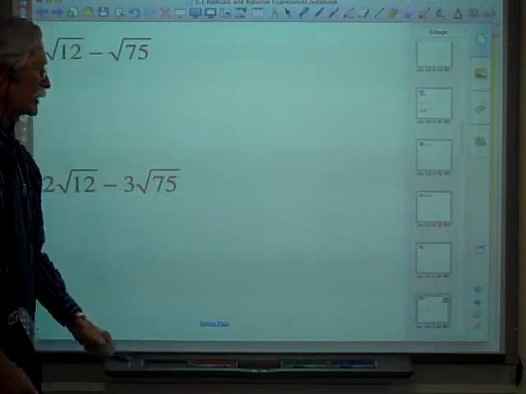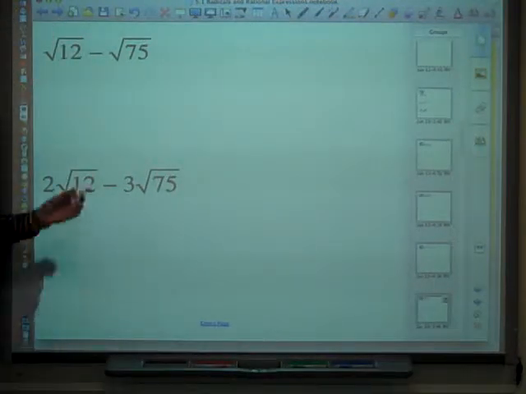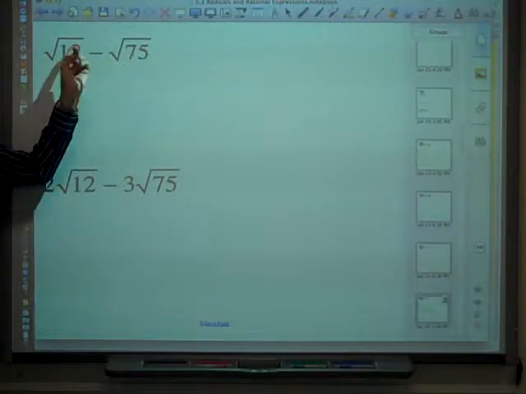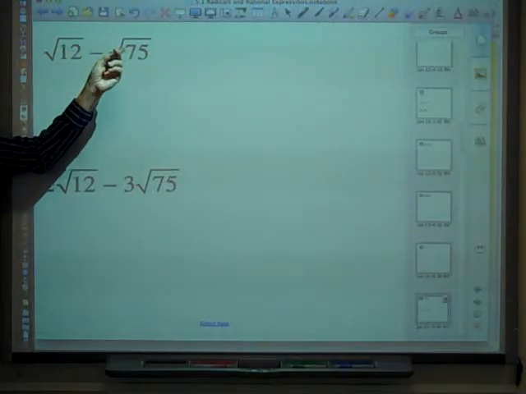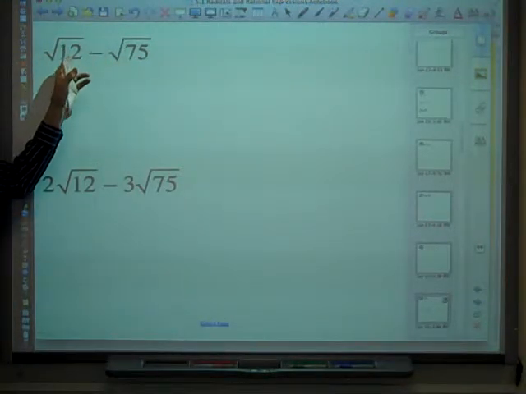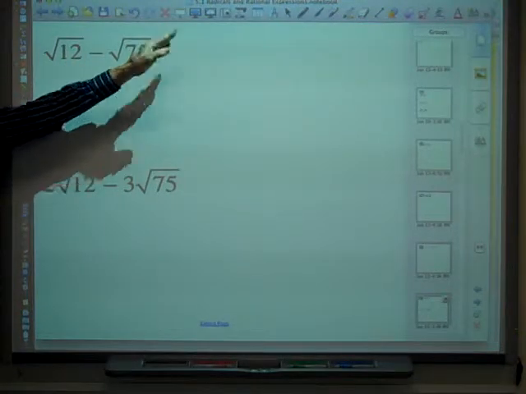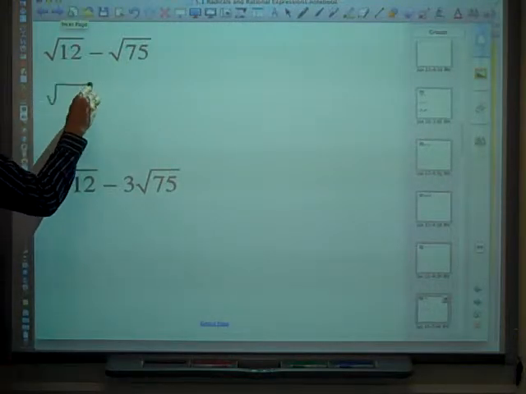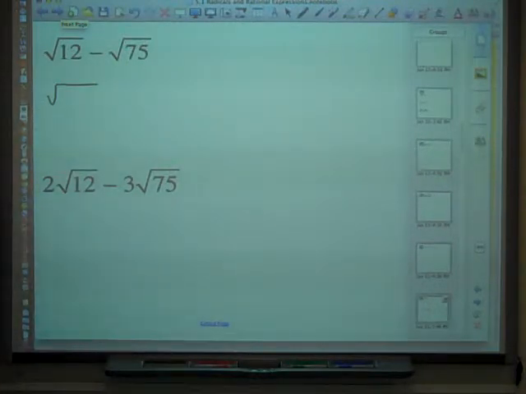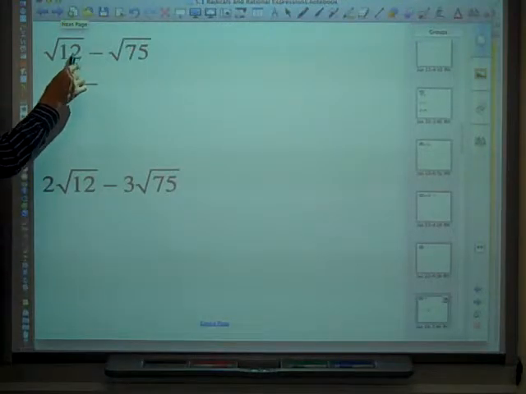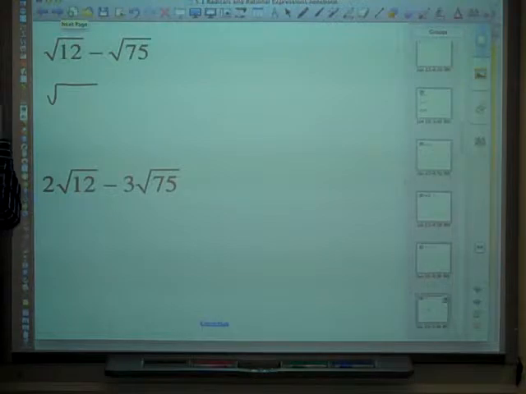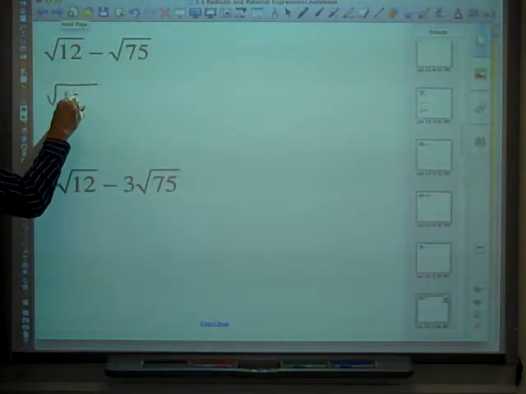Which brings us to this. Do not try to subtract these radicals. You cannot add or subtract radicals like this. Don't just start doing 12 minus 75 and stick it in a square root. What you can do is find any little perfect squares in there. What perfect square is inside 12? 4.